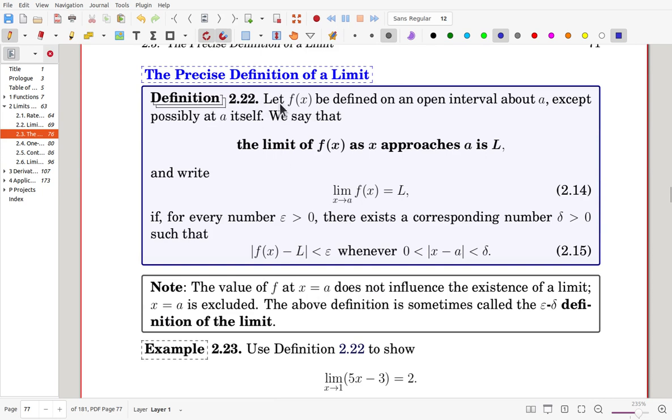Now, f(x) is defined on an open interval around a. Possibly, f is not defined at the point a. It can be defined, but it may not be defined. It doesn't matter.